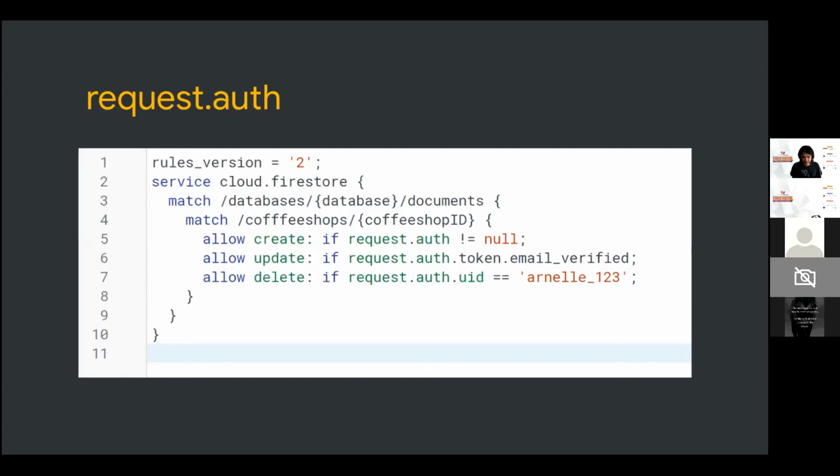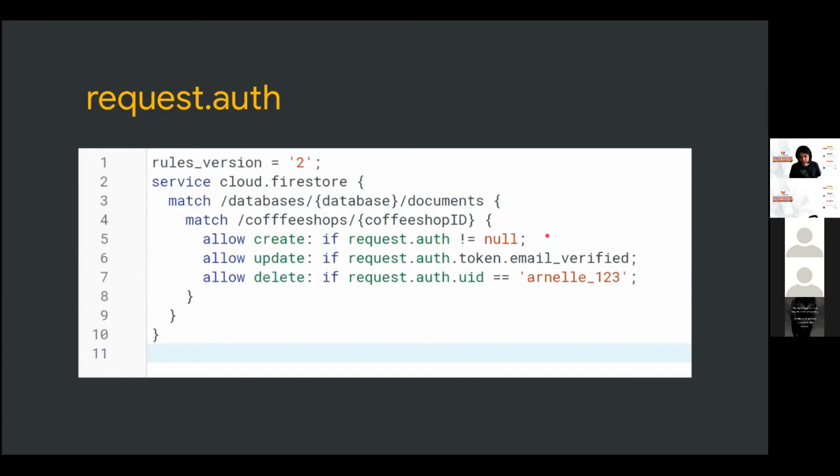First would be the request data, or the incoming request. One common piece of information we access from the incoming request is request.auth, which represents the current user making the request. Here we can allow or deny certain requests depending on who is making the request. We can check if the user is logged in, for example, in order for them to create a coffee shop, by checking if request.auth is not null.